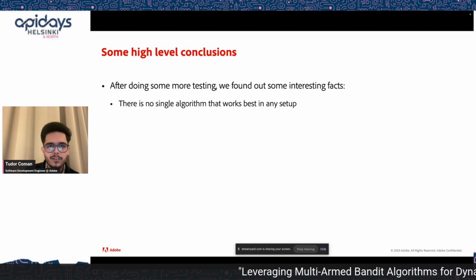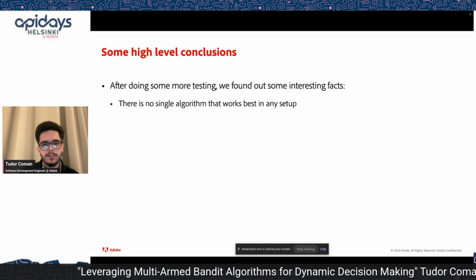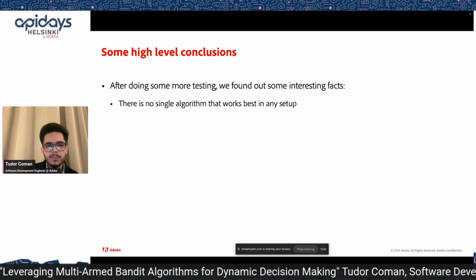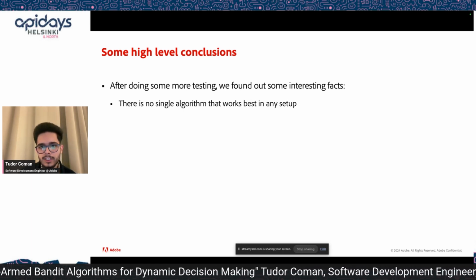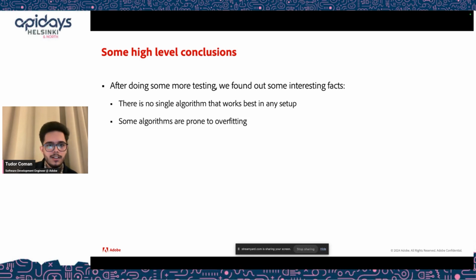There is no single algorithm that works best in any setup. So, depending on yours, you might want to run a test like we did to see which approach works best for your use case. Some algorithms are prone to overfitting. This happened in our case with Thompson sampling that I presented earlier, the top left one.